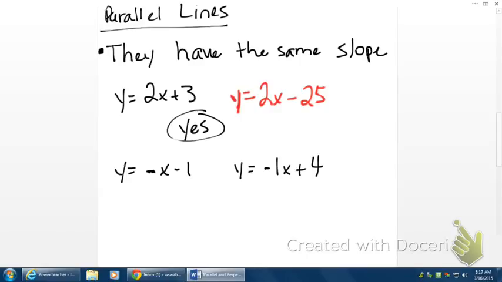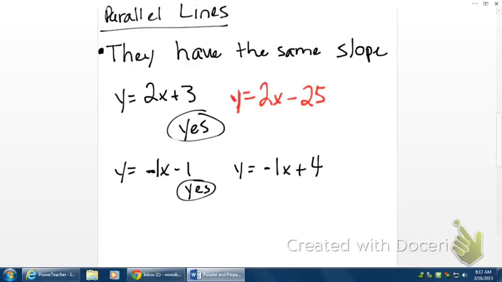The first one just has a negative x, the second one has a negative 1x. Those really just mean the same thing. You could put a 1 in front of that and make it look a little better, and then you can just write yes underneath it.